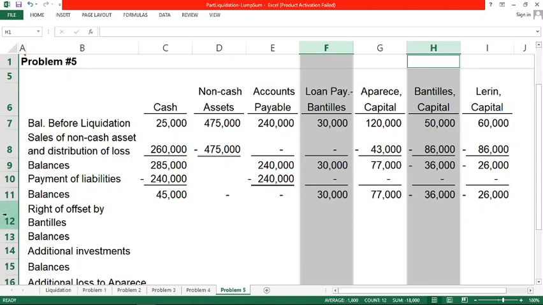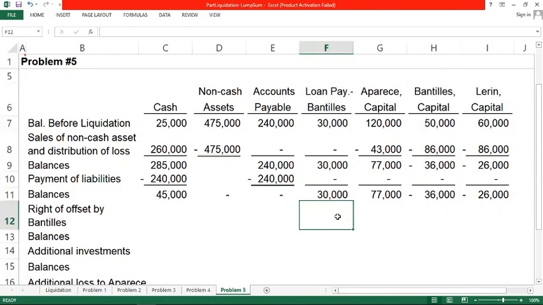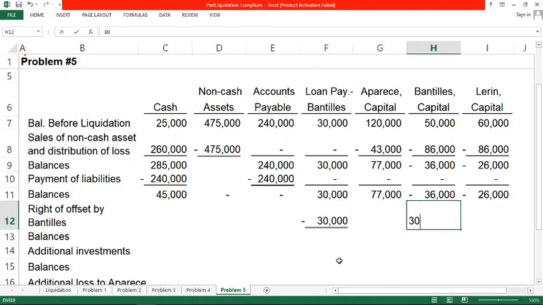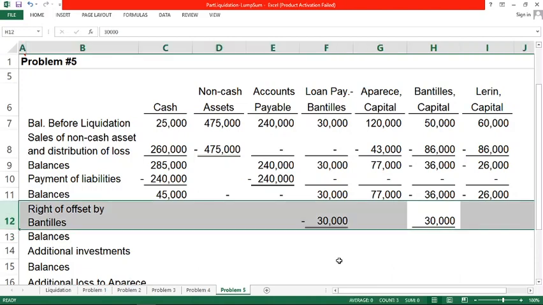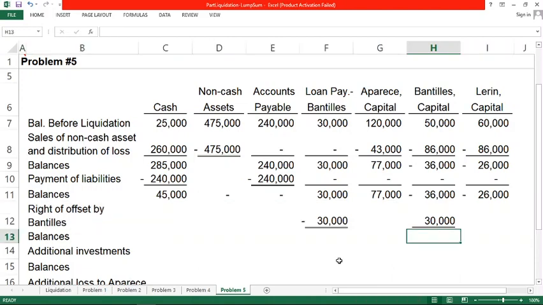Sabi naman ni partnership, oy, may utang kang 36. Pero sige, dahil may utang din ako sa'yo na 30, i-offset na lang natin yan. So, hindi kita babayaran ng cash, pero yung 30,000 na utang ko sa'yo, icre-credit ko yon sa account mo. Okay lang ba yon, Bantillas? Abay, okay na okay. So, instead of negative 36, magkano na lang ang balance?